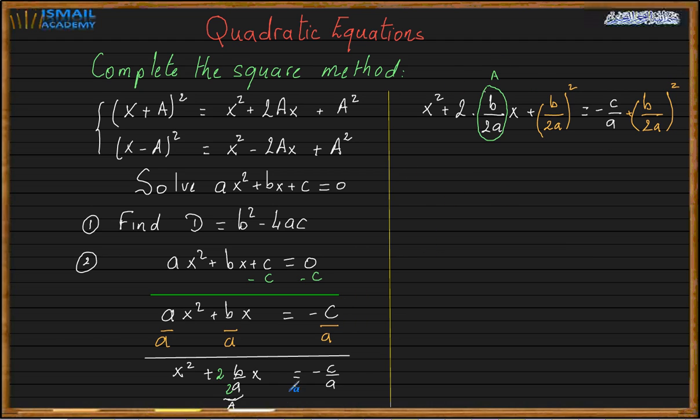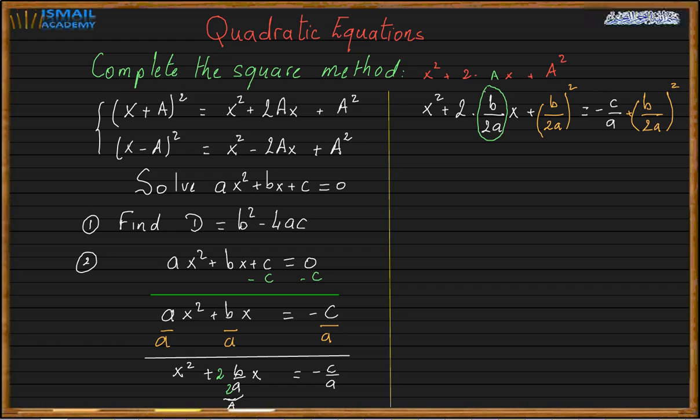As you see here, we have x squared plus 2 times A x plus A squared. If I have this expression, I can transform it to power notation.